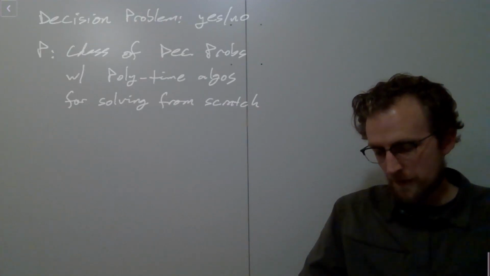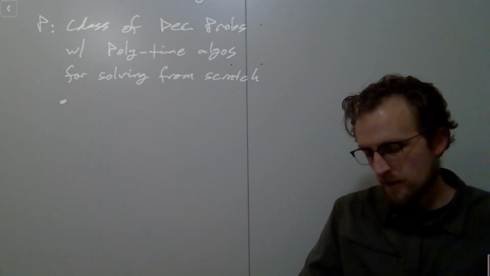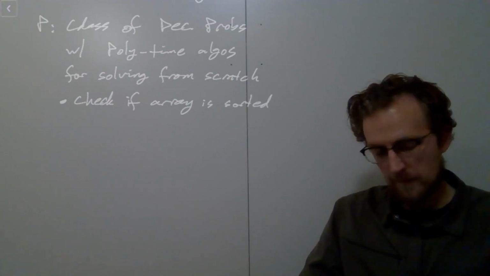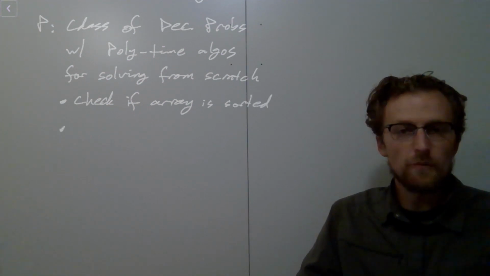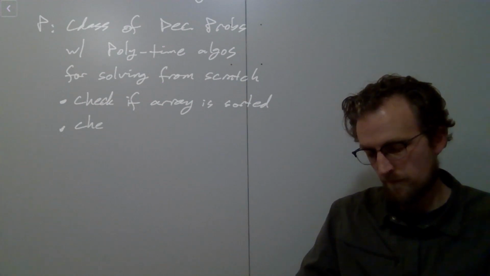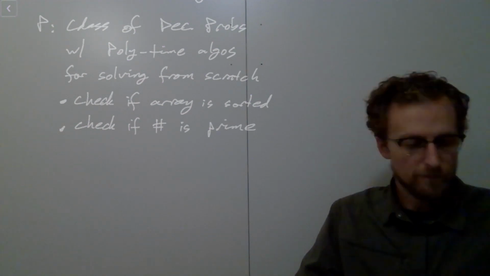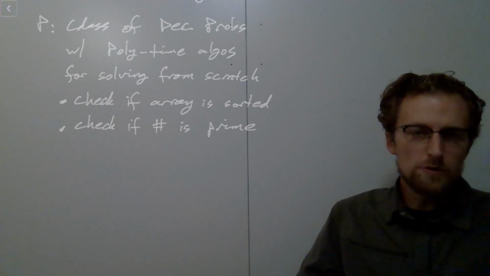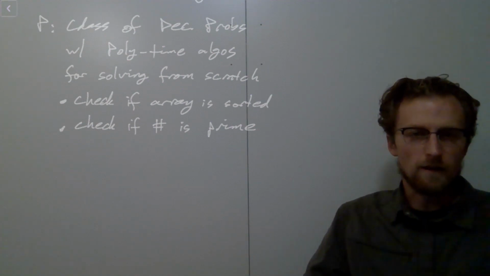Some examples: checking if an array is sorted, checking if a number is prime, the decision versions of most of the problems we've looked at.